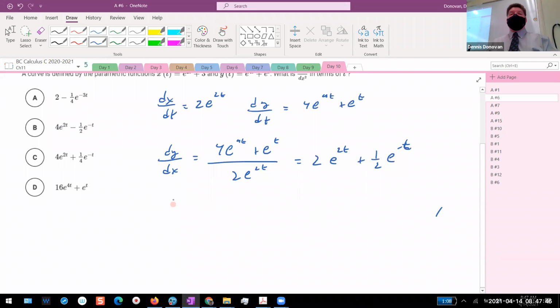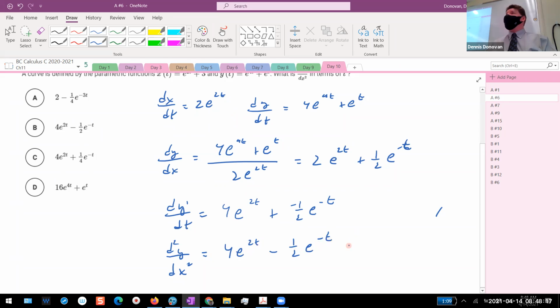Now to get the second derivative, we need dy prime/dt, which is the derivative of this with respect to t. So that's going to be 4e to the 2t plus negative 1/2 e to the negative t. So the second derivative is this divided by this, right?